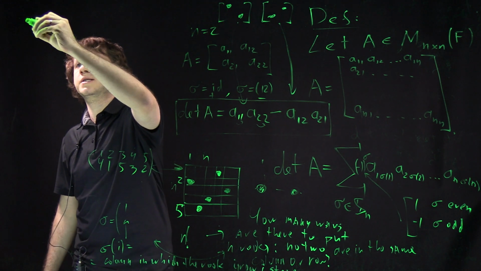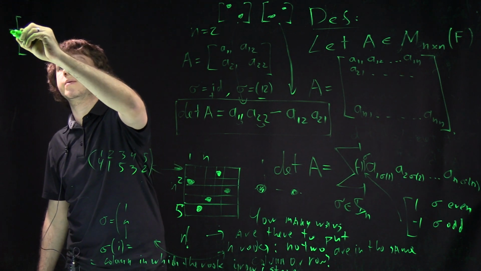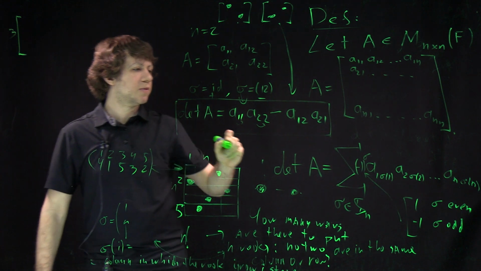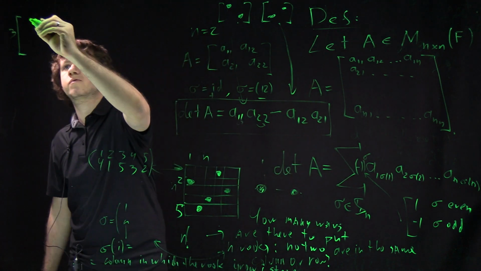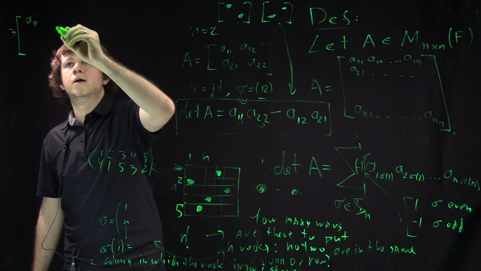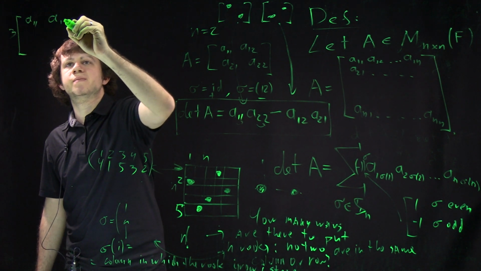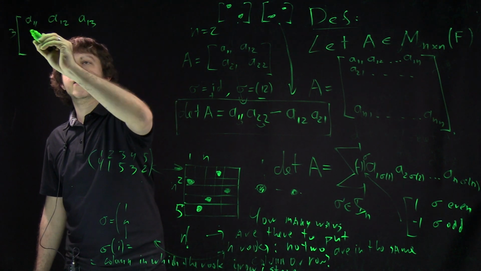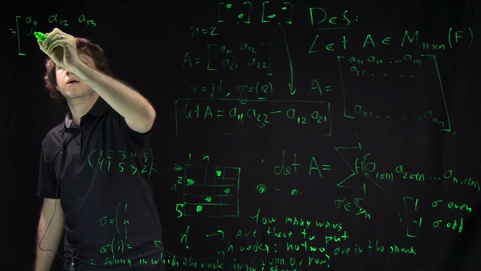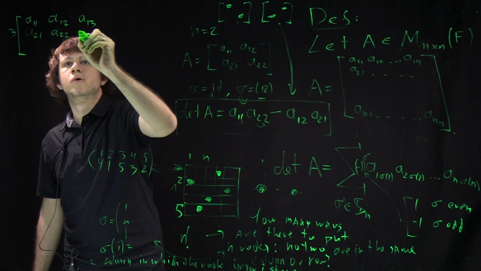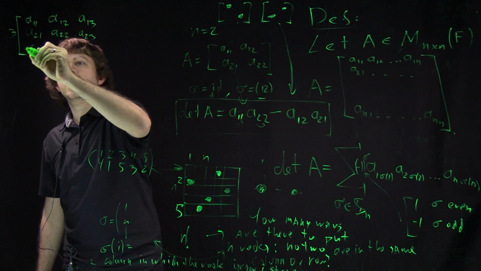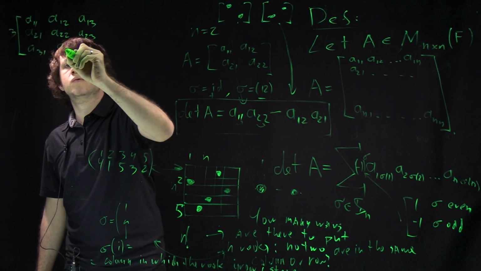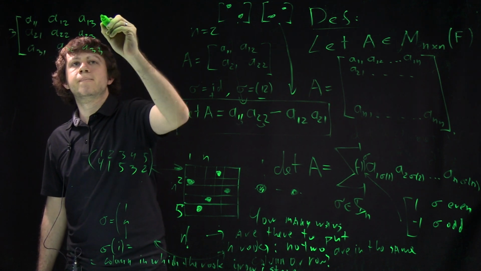So let's do the size 3 by 3 case now. This is very important. This is the only one where I remember the formula by heart, but of course you can write it down for any n. It just becomes a little bit messy. So A11, A12, A13, A21, A22, A23, A31, A32, A33.